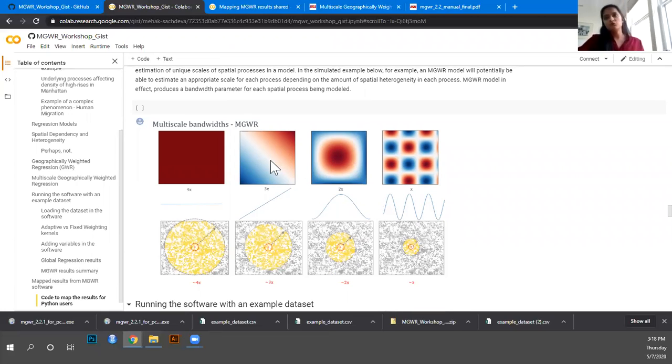And that is where MGWR comes into place, where it releases this assumption that all covariates operate at the same scale. So, in an MGWR model, if you were to model hedonic house prices with square footage of living area, age of structure, and distance to the nearest waterfront, 3 variables, you would get 3 different scales at which each of these processes affect house prices.